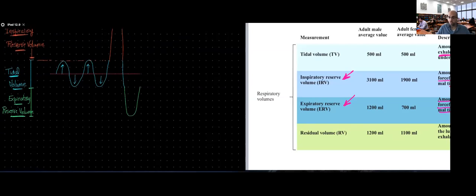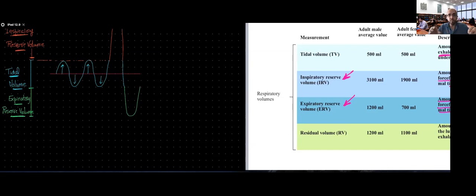Did your lungs collapse when you move this amount of air out, the expiratory reserve volume? So if you maximally exhale, performing forceful expiration, did my lungs collapse? No. You're still going to have some air trapped in your lungs.